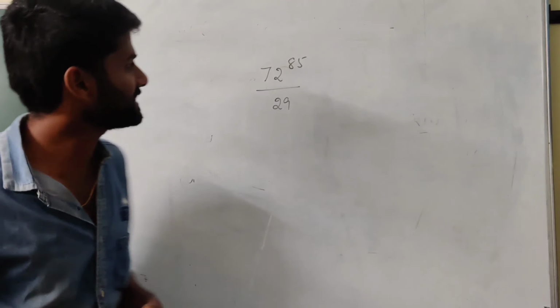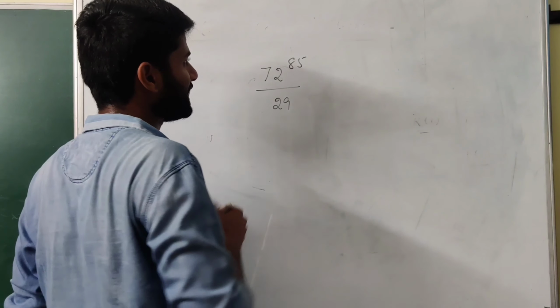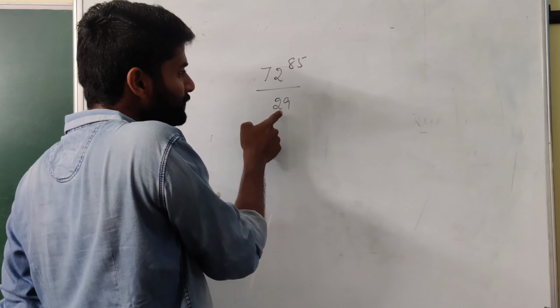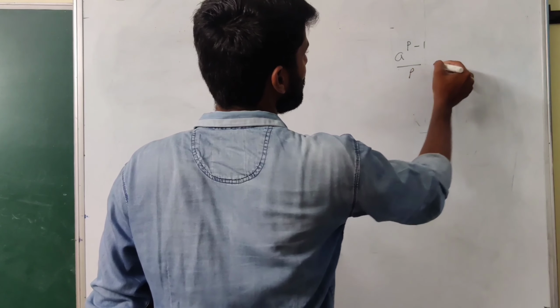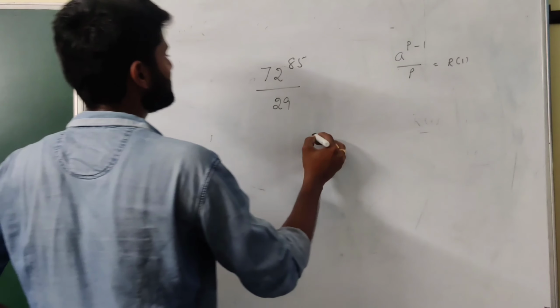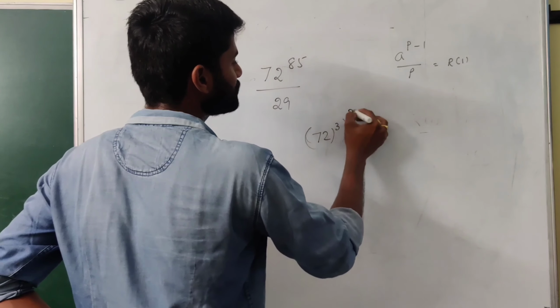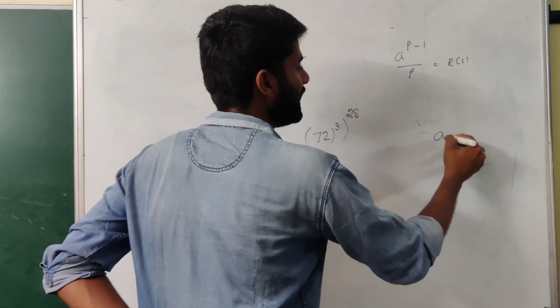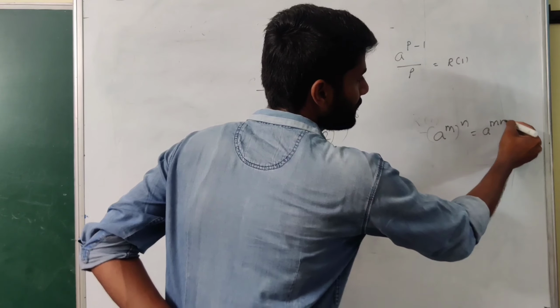Clear? See the next one: 72 whole power 85 by 29. For this type of question, convert 85 in terms of 28. Why? Because we know that a power p minus 1 by p always gives remainder 1. So can I write these values as 72 cube whole power 28? We know the property: a power m whole power n is equal to a power mn.